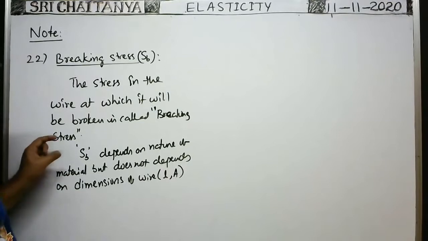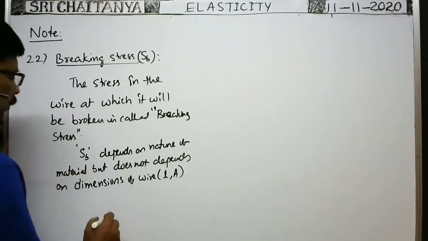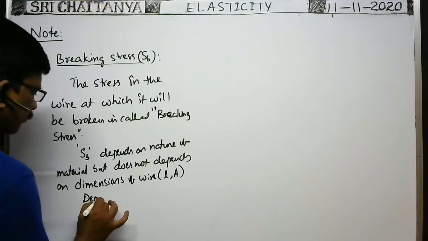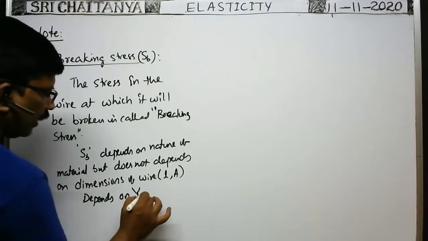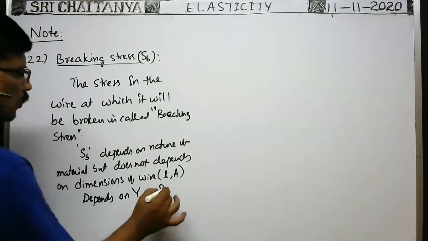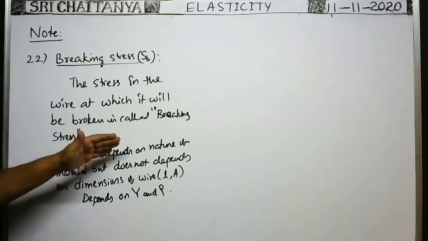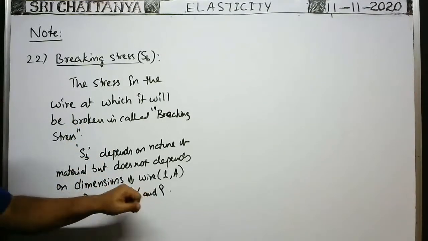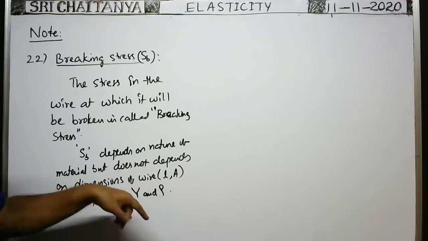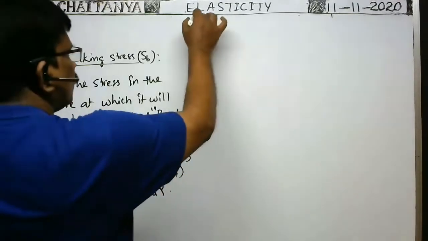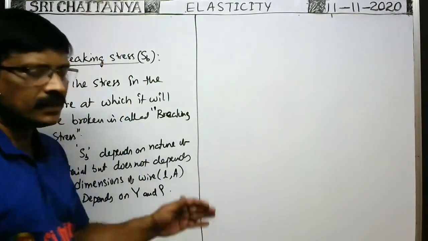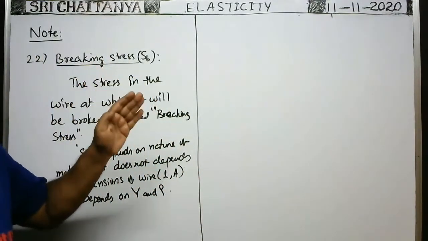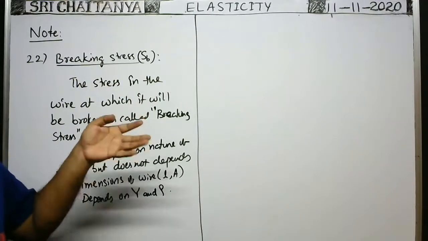So breaking stress depends on the nature of the material, which means it depends on Young's modulus Y and the density of the wire, rho, because these two depend on the nature of the material only. Now, breaking force means the tension or restoring force developed in the wire at which the wire will be broken.